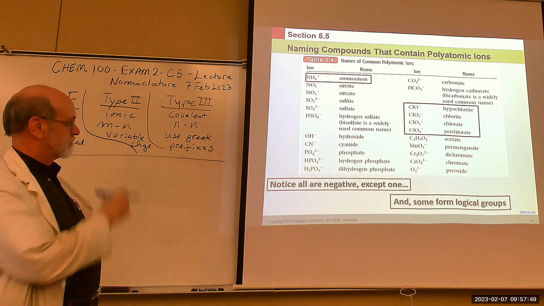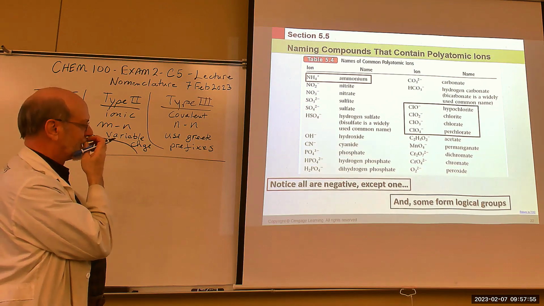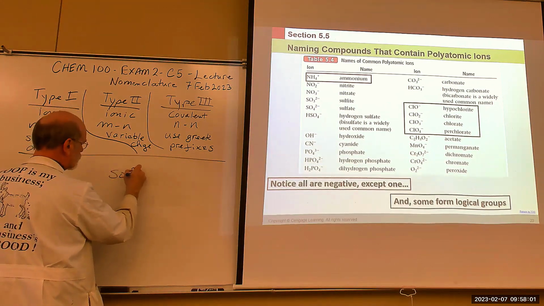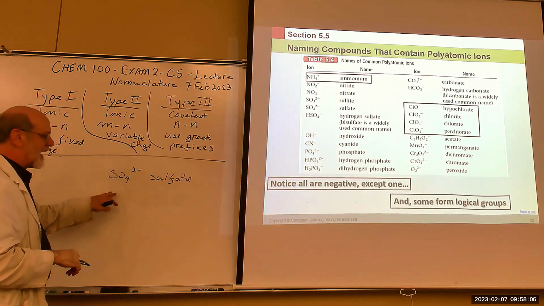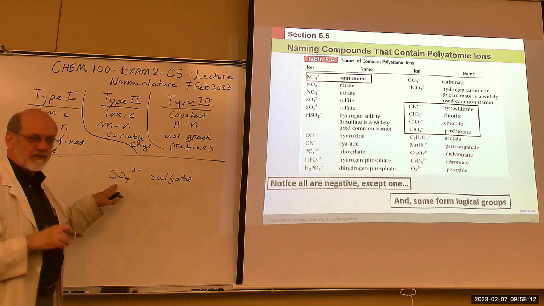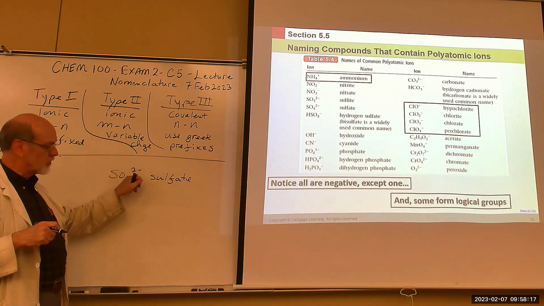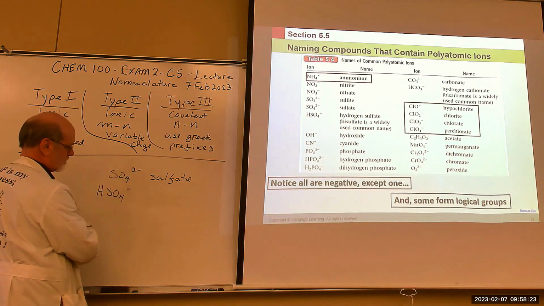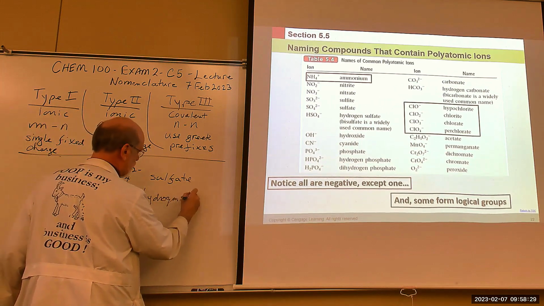Let's see. How about this one? SO4 2 minus, that's sulfate. If we add a hydrogen to that, the charge does change, because remember, the hydrogen on the front has a +1 charge, so it's going to neutralize one of those negatives. And this one now is hydrogen sulfate.